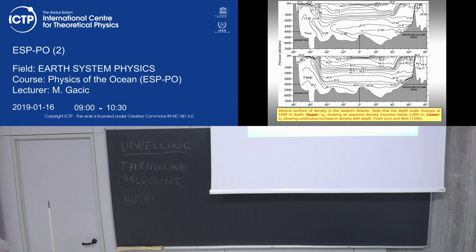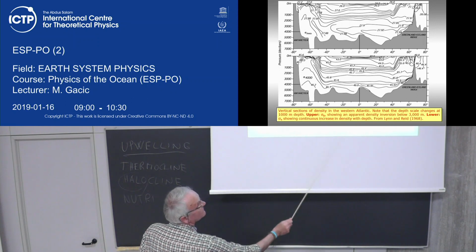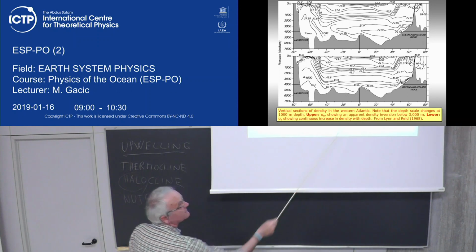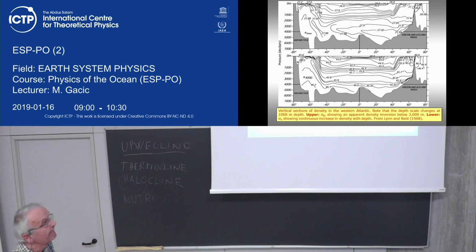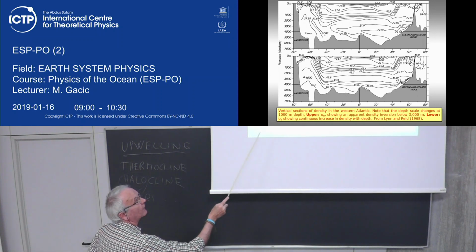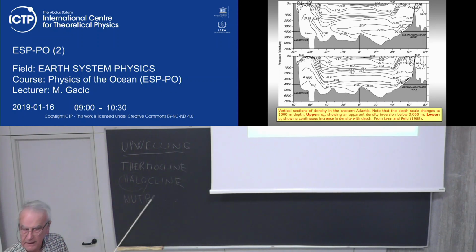You will see later from the point of view of the ocean circulation. Once you go from about 60 degrees north, or 40 or 50 degrees south, the thermocline or pycnocline starts to form. I didn't tell you there is a pycnocline. Pycnocline means the layer of strong vertical gradient of density.